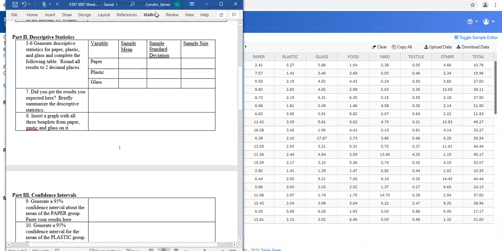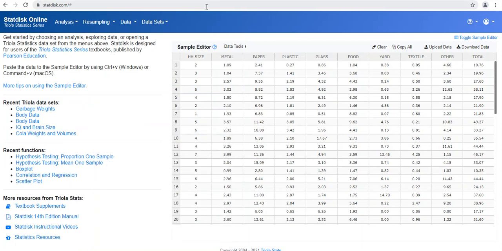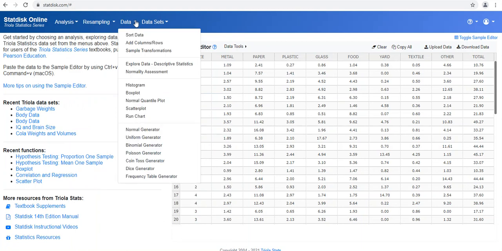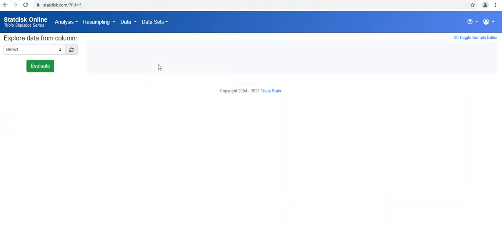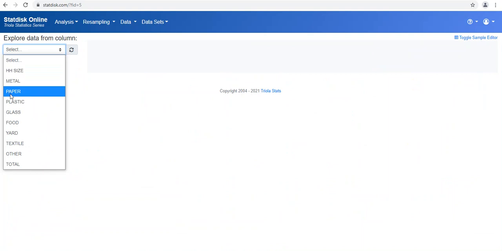To get descriptive statistics, you go to data, and you'll see here it says descriptive statistics, and paper.